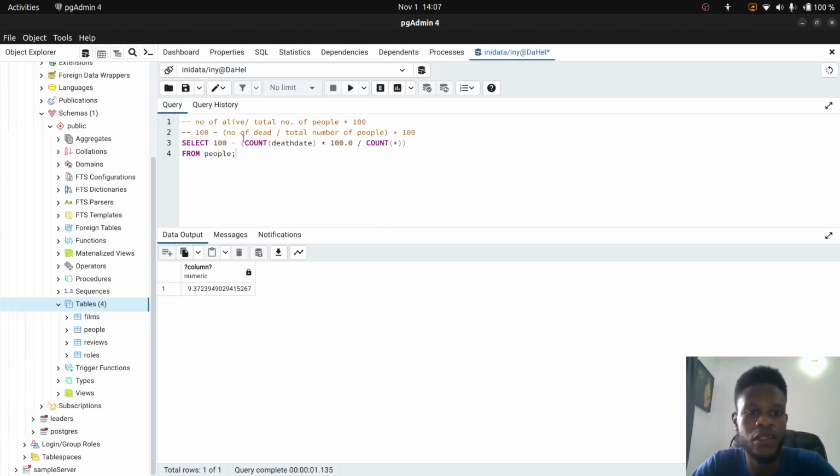So all of this, the death percentage, subtract this from 100, and it still gives you the number of people that are alive. So that's it, 90.627. Could add the alias. Percentage alive.